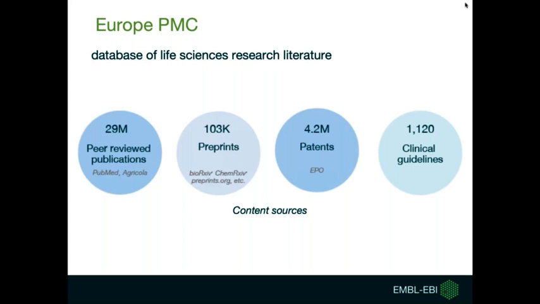Preprints in Europe PMC are from different servers like bioRxiv, ChemRxiv, medRxiv, Preprints.org, and others. There are also other sources like patents from the European Patent Office, clinical guidelines, and a few others like books, PhD theses, and so on.